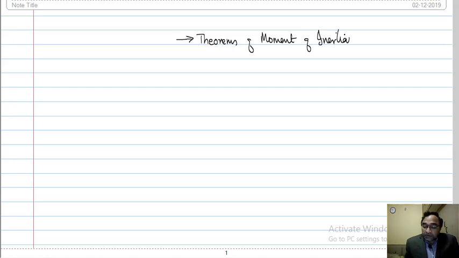the moment of inertia that we found out in the previous lecture for different shapes of the body, namely the rod, ring, disc, all of them we found out about the centroidal axis.